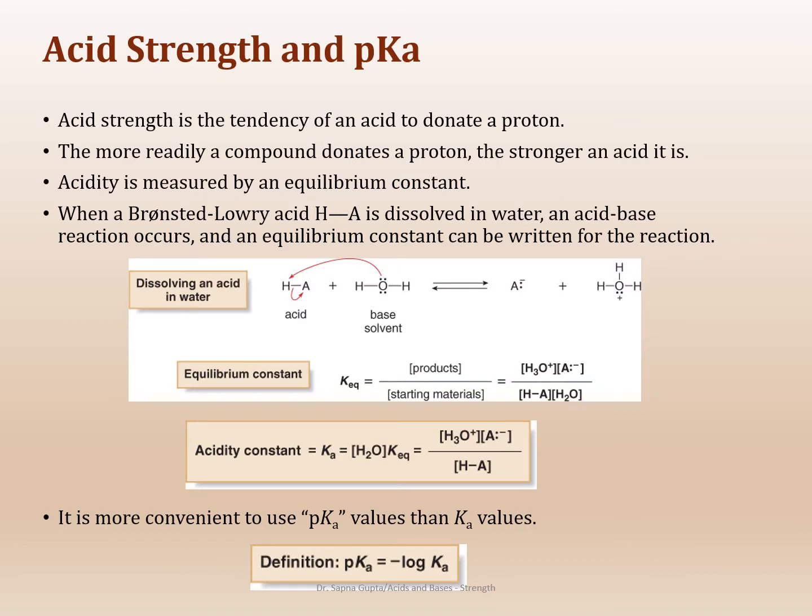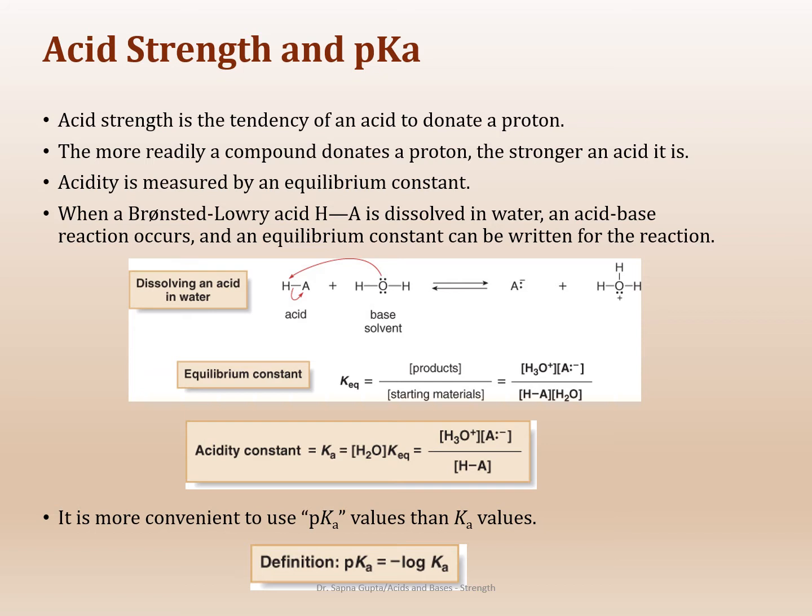Now for the acid strength and pKa, one of the most important things for any acid-base reaction is why does an acid-base reaction take place in the first place? An acid-base reaction takes place because it leads to more stable products, whatever they are, conjugate acid and bases.